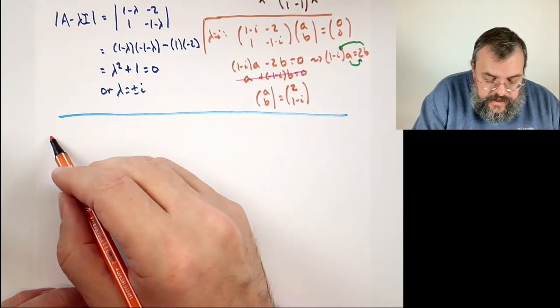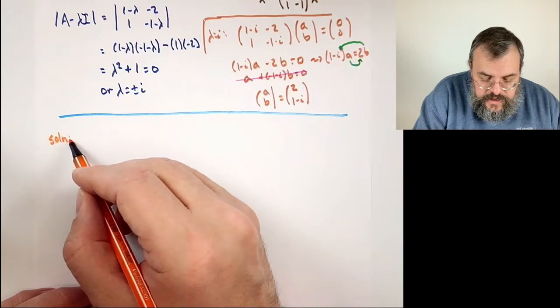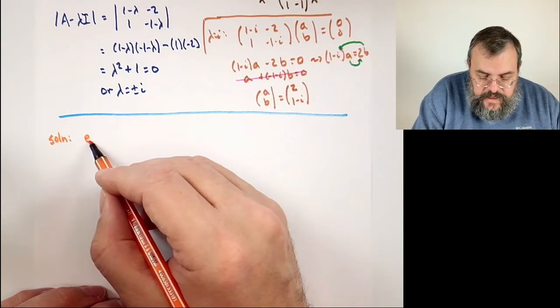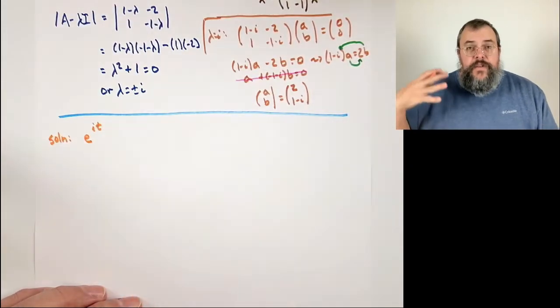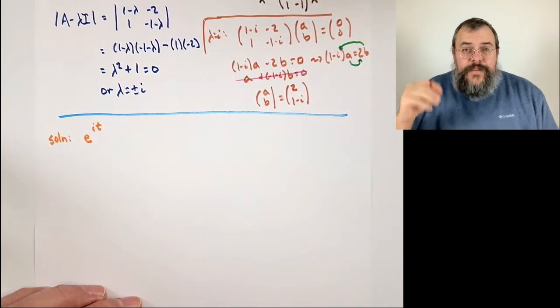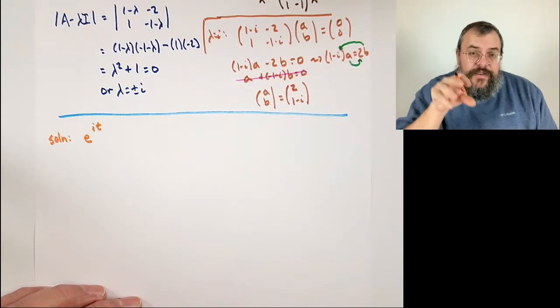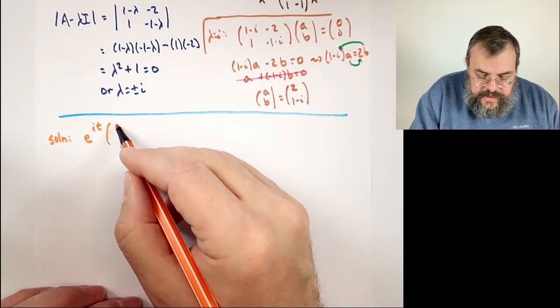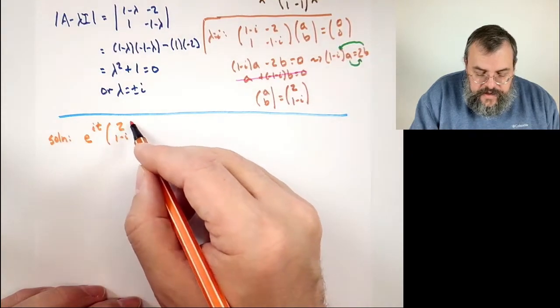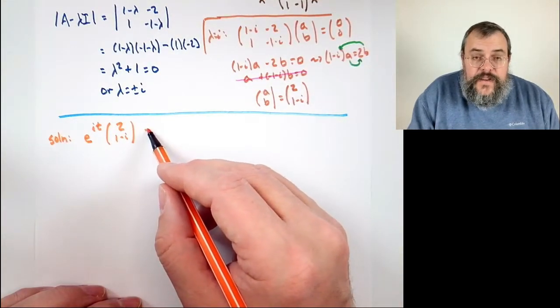So we know that our solution looks like e to the i t, right? So this is how the eigenvalue method works. It's e to the, whatever the root is, t, and our root is i, times our eigenvector, (2, 1 minus i). But now the magic.